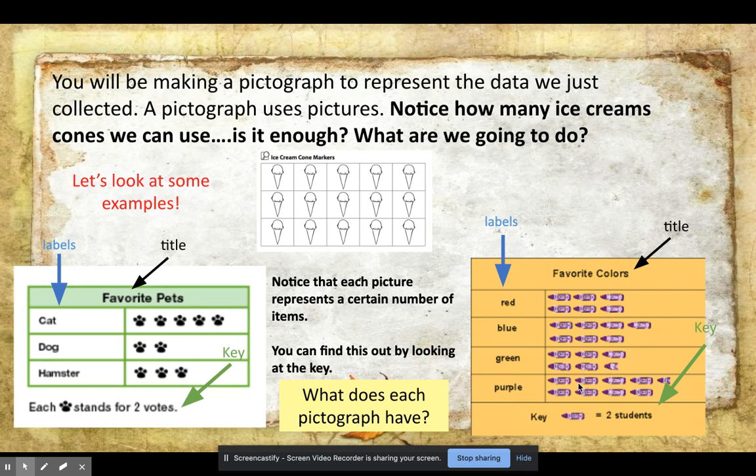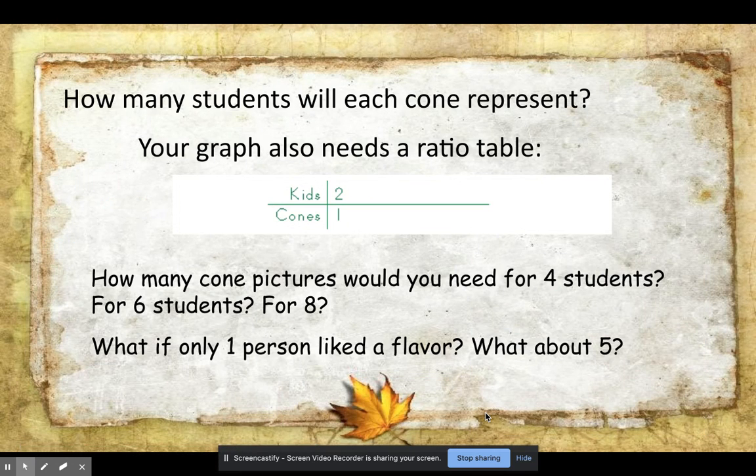We have 2, 4, 6, 8, 9, 10, 11, 12, 13, 14, 15, 16, 17. So by looking at our picture graph, we can easily tell who had the most. Purple had the most. What you're going to be doing is you're going to be making your own picture graph.